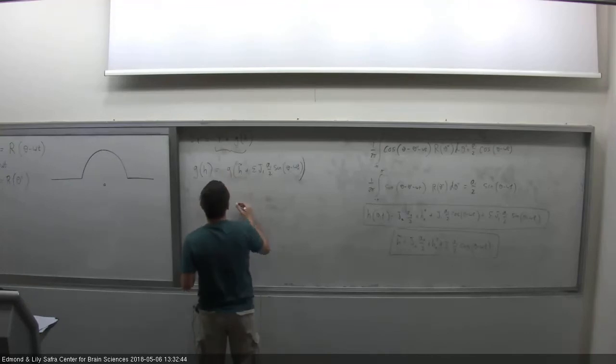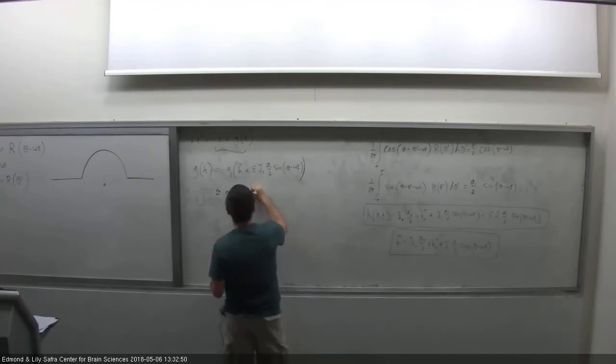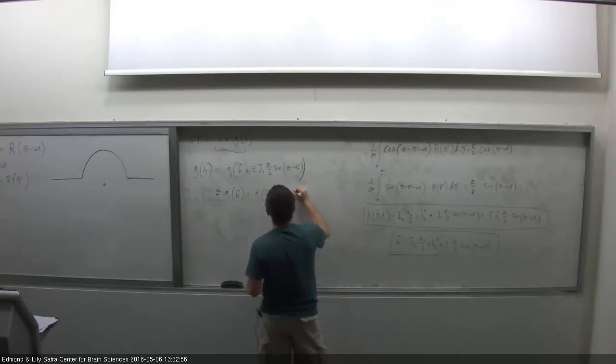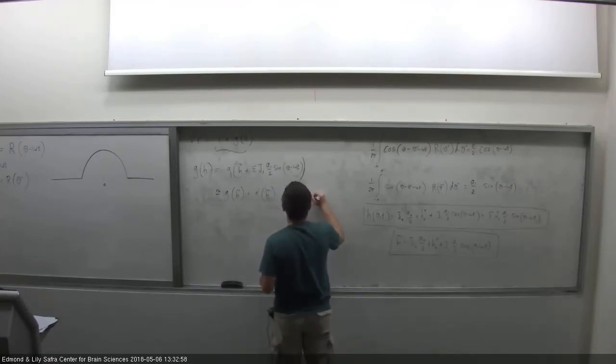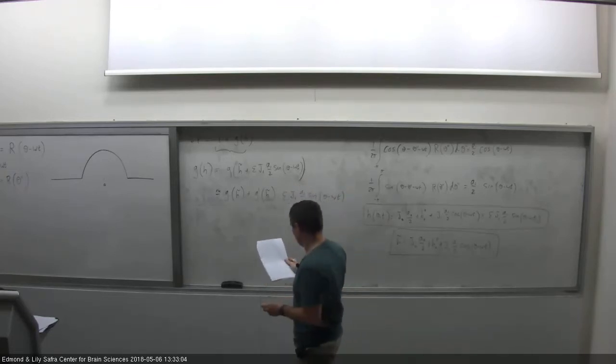So this is asymptotically equal to G of H tilde plus G prime of H tilde times epsilon J1 A1 over 2 sine of theta minus wt.